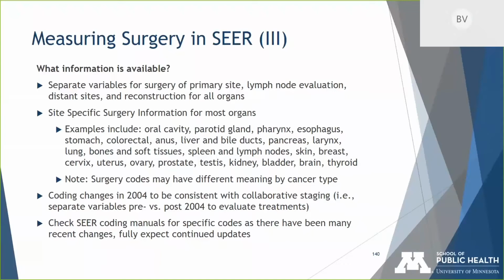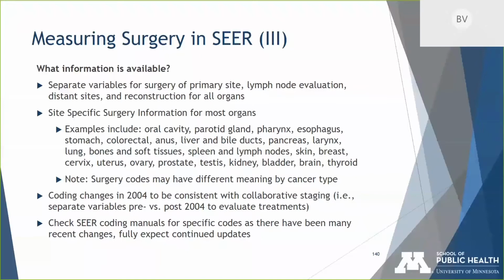Additionally, you'll want to be very cautious as you're looking at trends over time, particularly if you're crossing over between pre and post 2004, as there was a change to collaborative staging, which was a system of coding staging within the SEER program. So if you see trends and changes in treatment patterns and staging patterns before and after that point, it may not necessarily be due to changes in the underlying distribution of disease or the treatment patterns, but may be an underlying difference due to the changes in the staging process and the staging manuals.